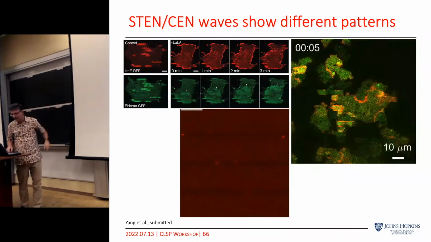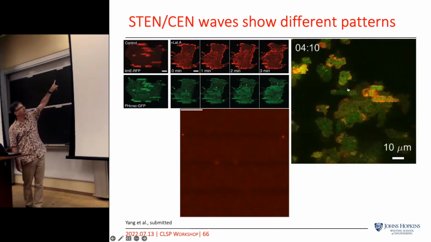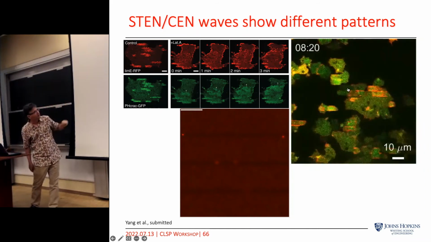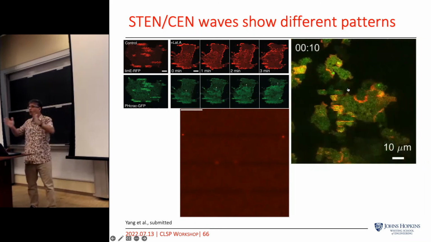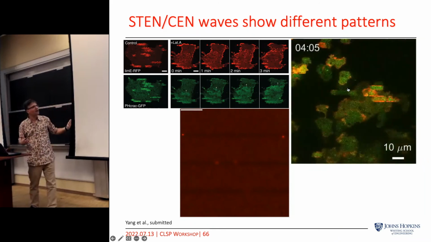So we looked at waves. These are waves of STEN in green and SEN in red in a mechanical ridge. What you see is that you get waves that are propagating along, longitudinally with the ridges, but you get different behaviors.